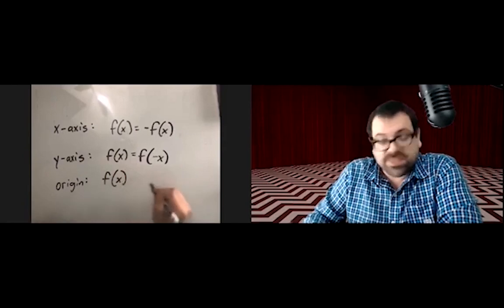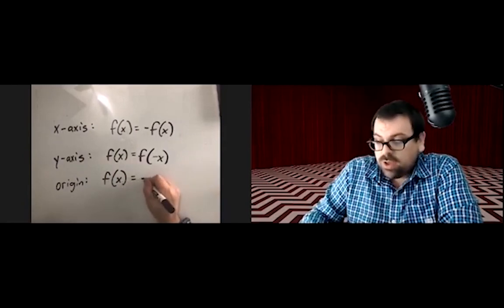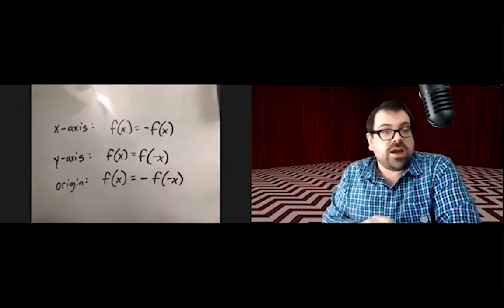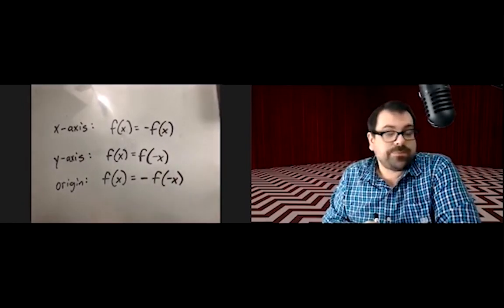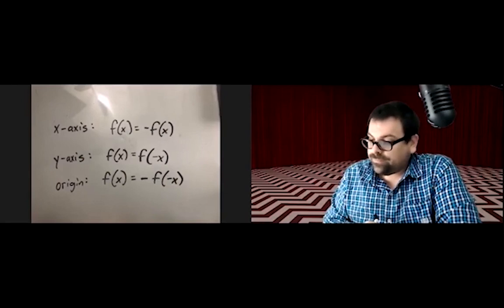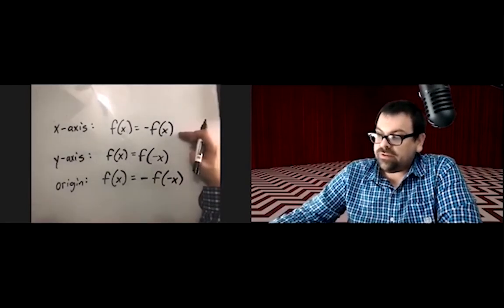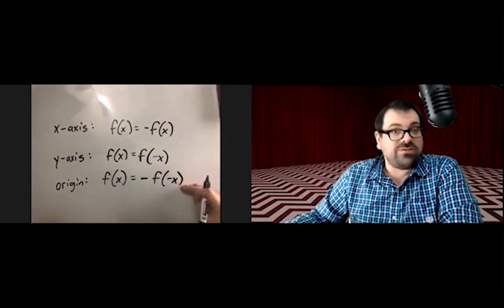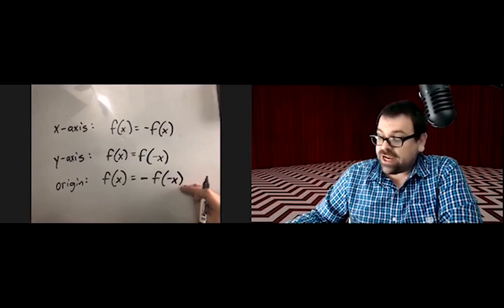Both things happen and we still get the original function back, both taking the opposite of the function and the opposite of the x. Y for negative y, x for negative x.